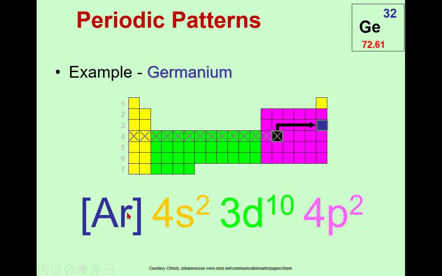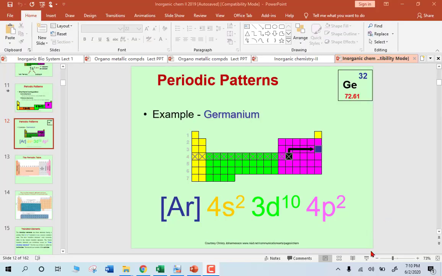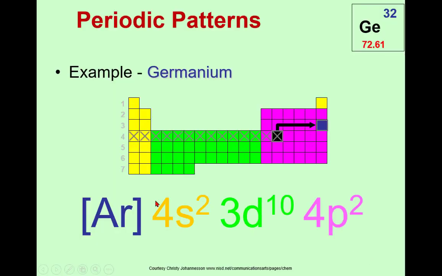Now you see here argon has a core electronic configuration. As you see, students, argon is basically the ending neighbor of the last noble gas group coming toward germanium. Argon has atomic number 18, so these 18 electrons are symbolized by argon.